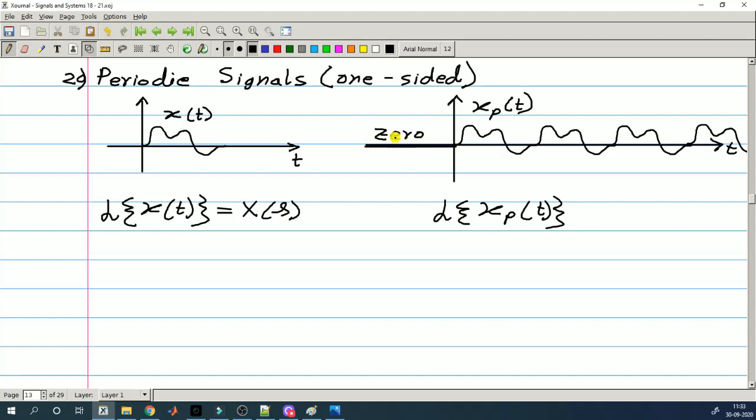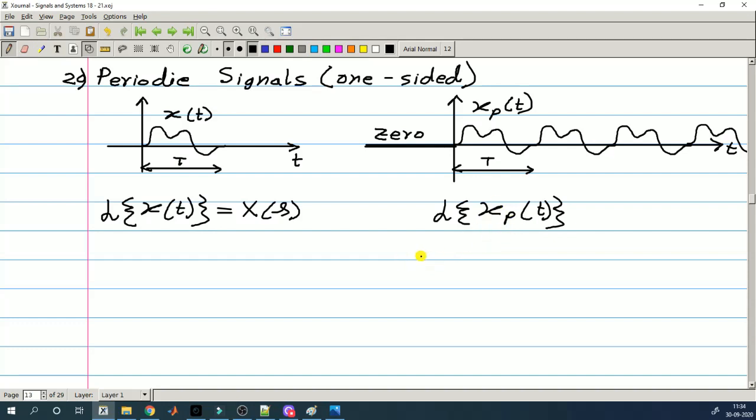Otherwise it's not possible to calculate Laplace transform. Okay, now suppose this time period is capital T. That means here also this is capital T.